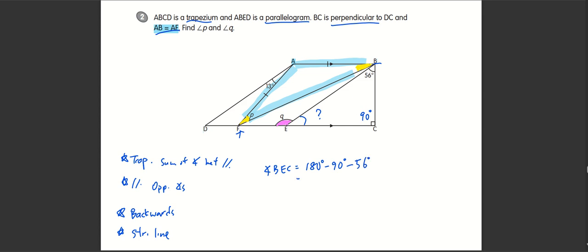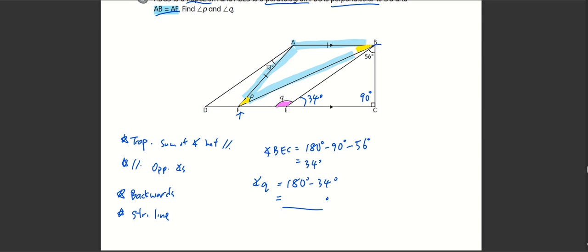And that will give me the angle 34 degrees. So I have already been able to find 34 degrees. Then that gives me angle Q almost immediately because of the straight line property. So I have been able to find angle Q already.